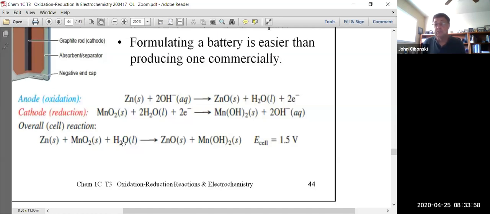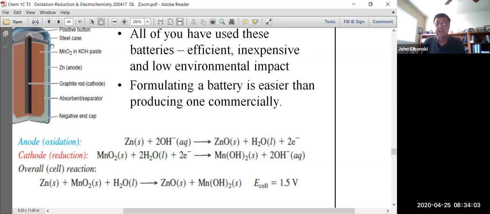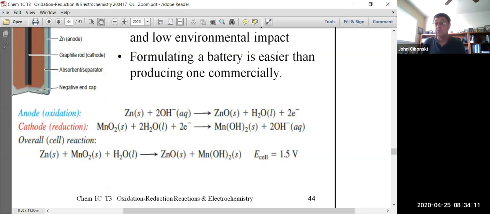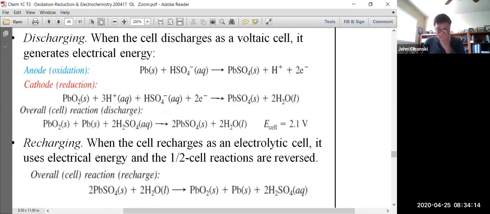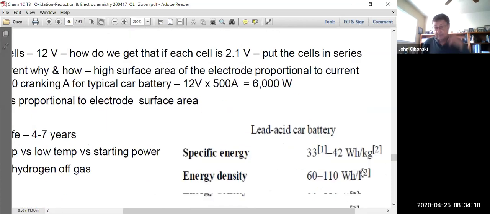It will form hydrogen and oxygen. These are sealed containers. The containers will split and you'll get this goo, the basic paste, in your electronic device, and it could ruin it. Okay, but we'll talk about that a little more the next time.